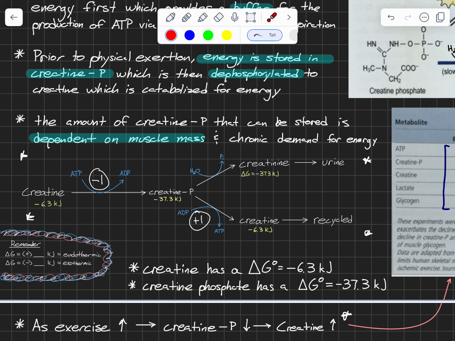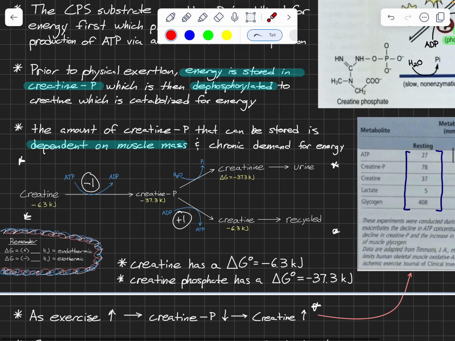you are actually costing yourself energy. If you have a huge storage of creatine P or you're building up that storage and you're not active and you just sit on your butt, you're going to go through this upper pathway up here and you are going to transform creatine P into creatinine. Then that creatinine is going to go and be excreted from your urine.